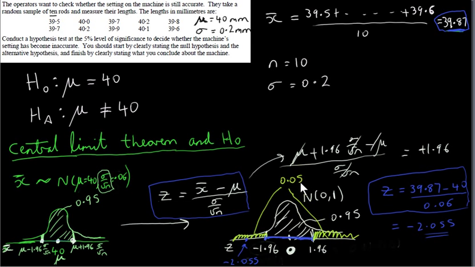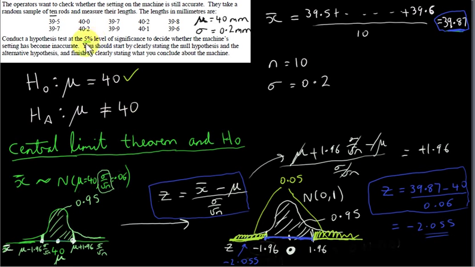So that's our level of significance. That's the meaning of 5% here. So if the null hypothesis is true, there's a 5% chance that we'll get a value that's outside here, that we get a value that's either along here, that's less than minus 1.96, or a value that's along here, that's a value of z that's greater than 1.96. There's a 5% chance of that happening if the null hypothesis is true.